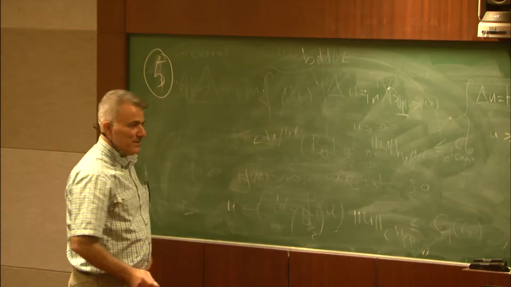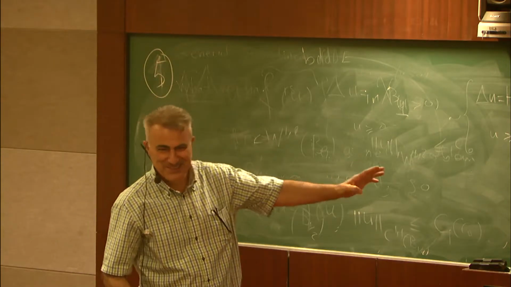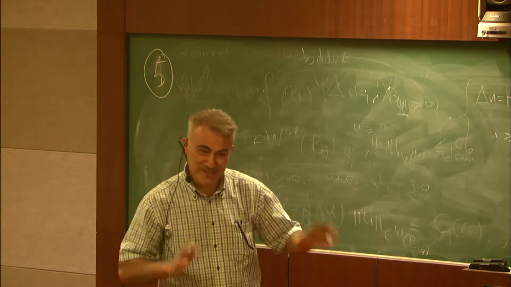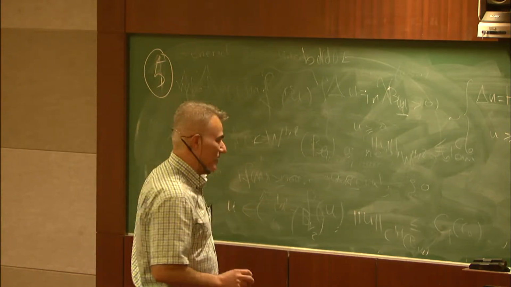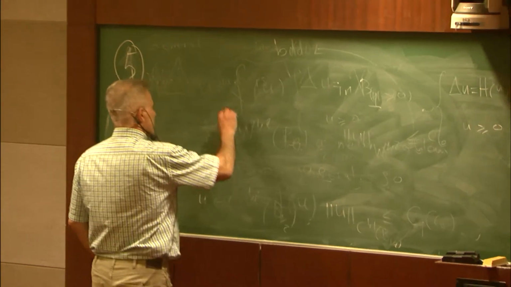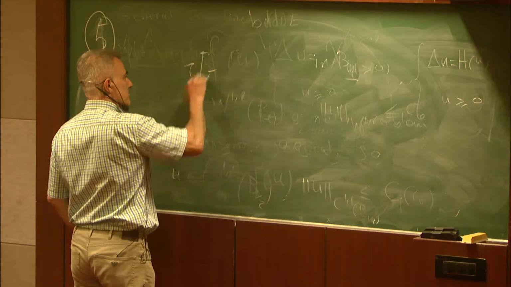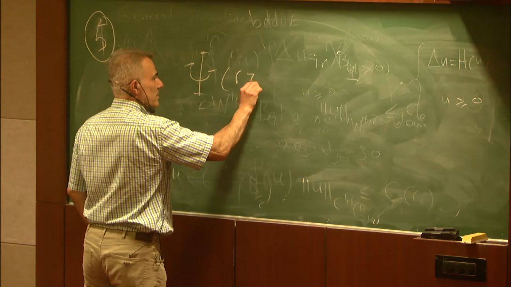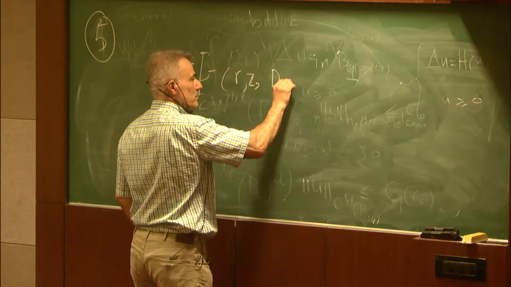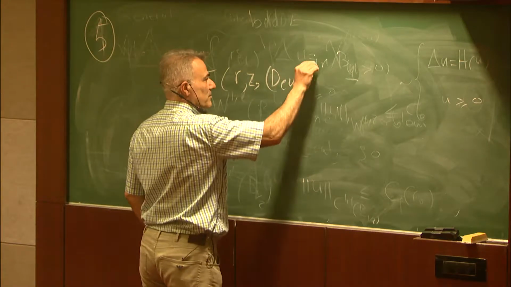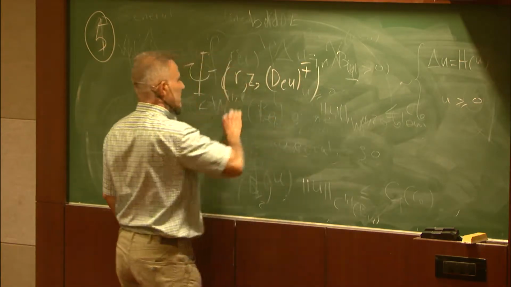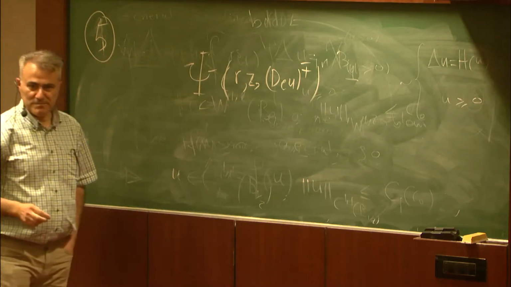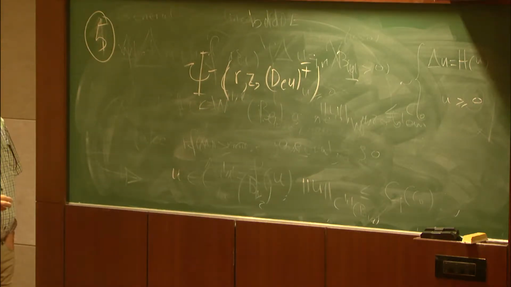One line of proof. Of course, that one line, now you see, you have to put it in the setting. Once you do that, that's one line. So psi of z, and now I'm applying it to the derivatives of u plus and minus, both of them. That's the product of the two of them. This is monotone.